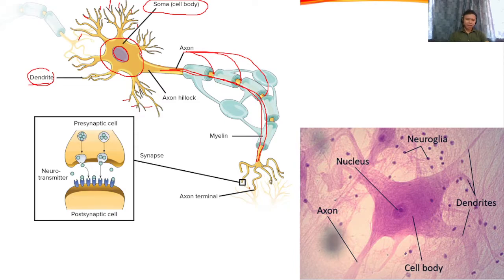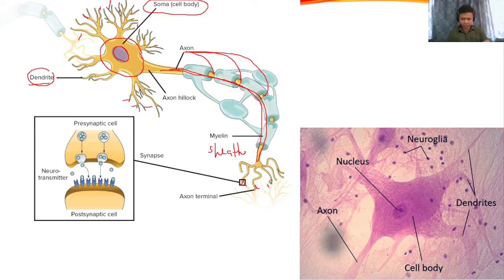At the tip of the axon, we have the axon terminal, and the layer which coats the axon is called the myelin sheath.